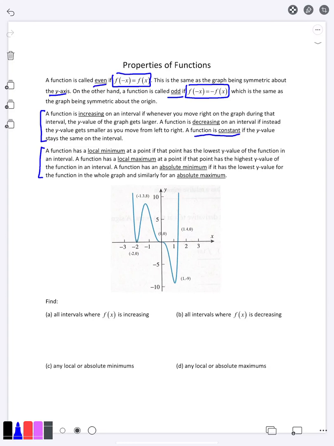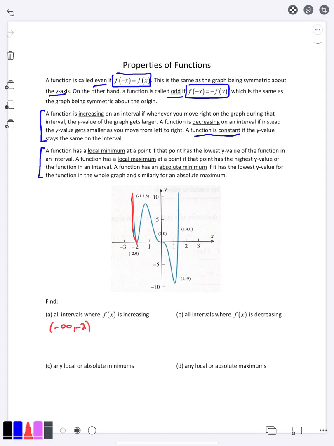So here's a random graph of some function, and I labeled several points on the function. The first thing I'm asking is, where is this function decreasing? I want to know, as I go left to right, where is it going down? Well, it starts out here. It is definitely going down up to here before it turns around. So that means everywhere to the left of -2, it is decreasing.